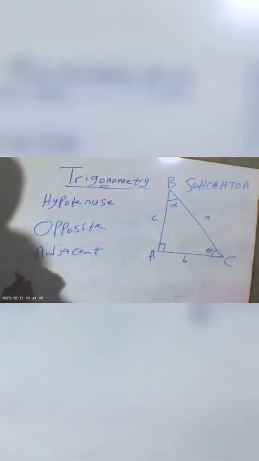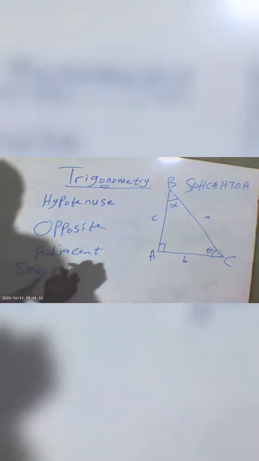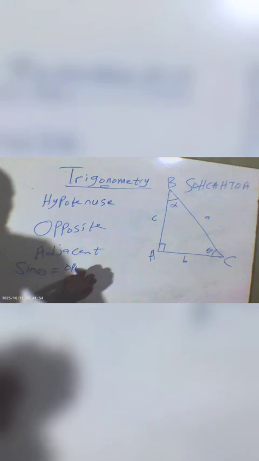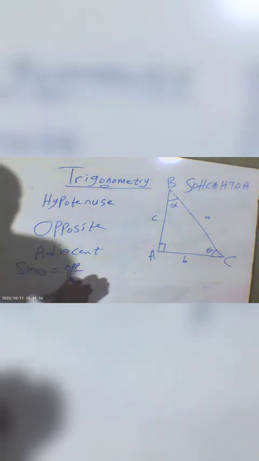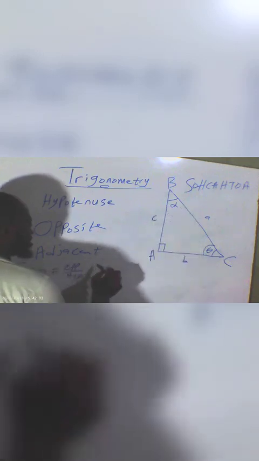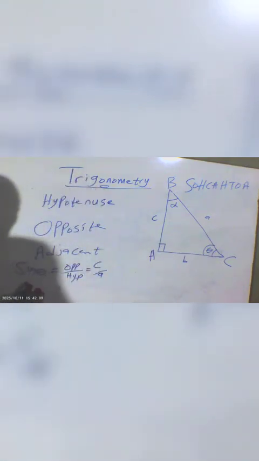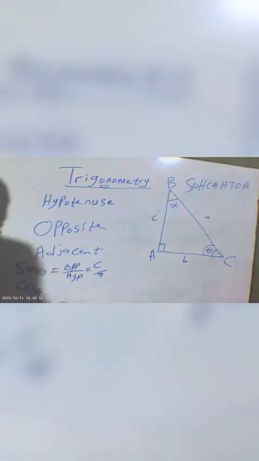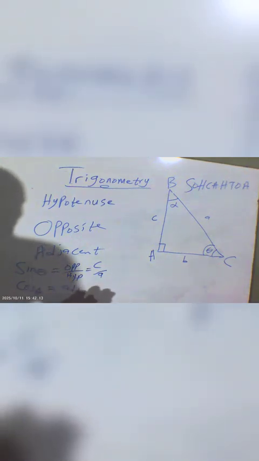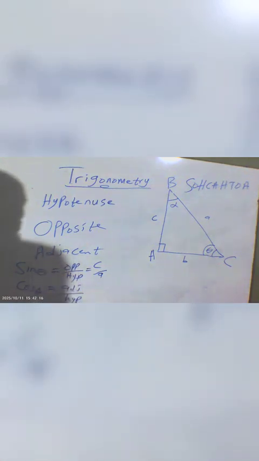What is the meaning of that? If I say sine theta is equal to opposite over hypotenuse, I look at the angle theta and see which side faces it, that is the opposite. What is the hypotenuse? The line facing the right angle, A. Then cos theta is equal to adjacent over hypotenuse.